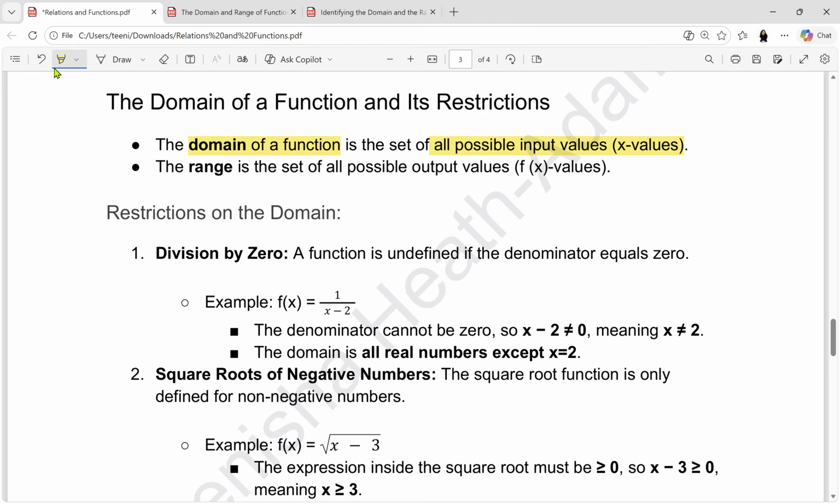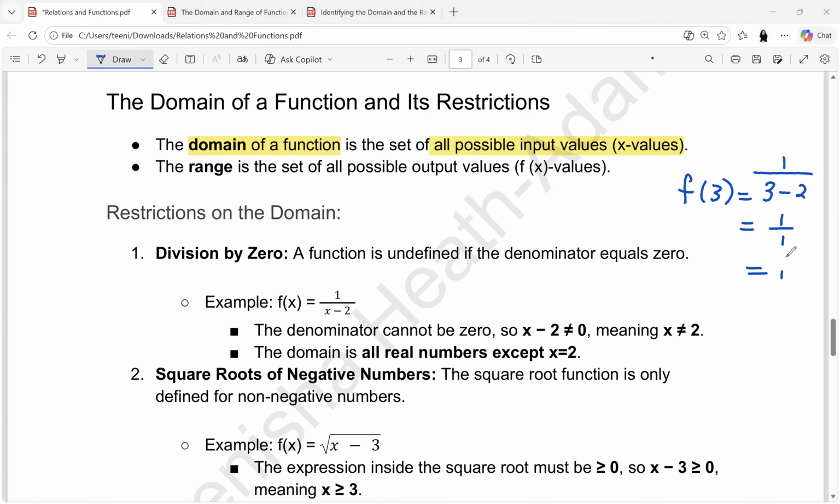Let's say a function is f of x equals 1 over x minus 2. If I substitute the value 3 into this function, to find f of 3, I could do that because it'll be 1 over 3 minus 2, which is 1 over 1, which is 1, right?